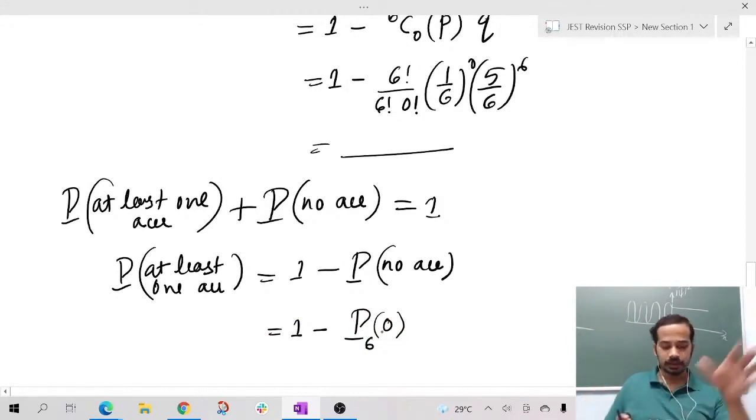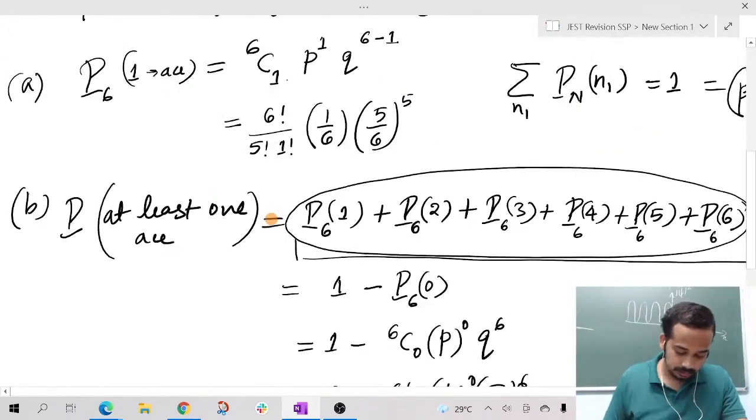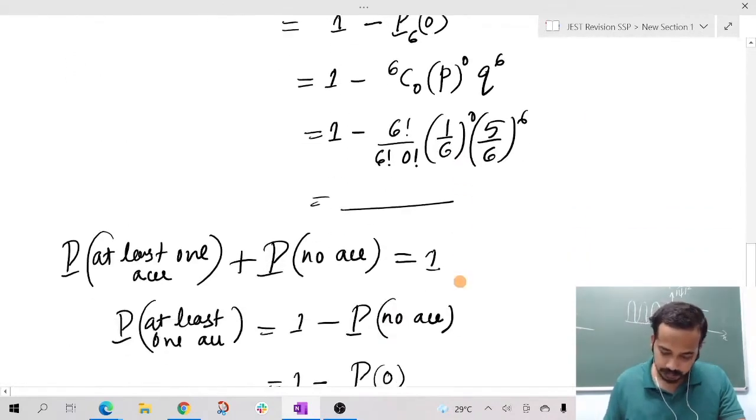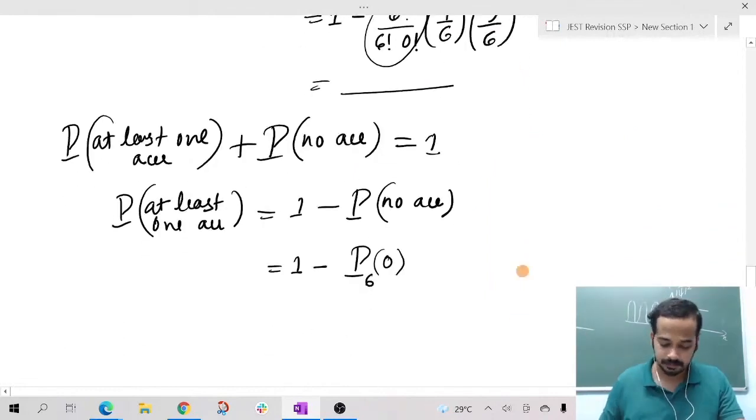If you have good logical thinking, you can apply it like that. Is that clear? Quickly reply. Or we can directly write 5 by 6 to the power 6, probability of getting no six. Yes, you can directly write 5 by 6 raised to 6, am I right? Yeah, that's also okay.